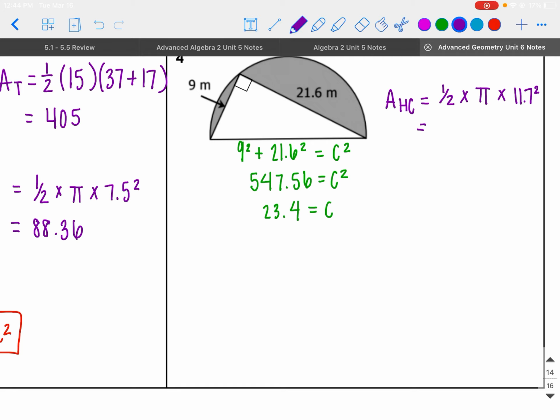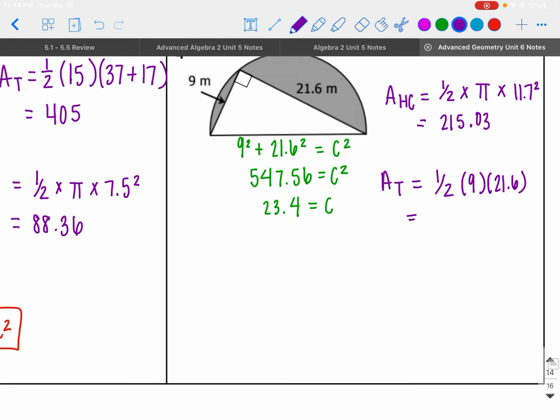And then when you multiply it, you get 215.03. And the area of the triangle is half times base times height. 97.2. And then to find our shaded region, we need to subtract. And when we subtract, we get 117.83 meters squared.